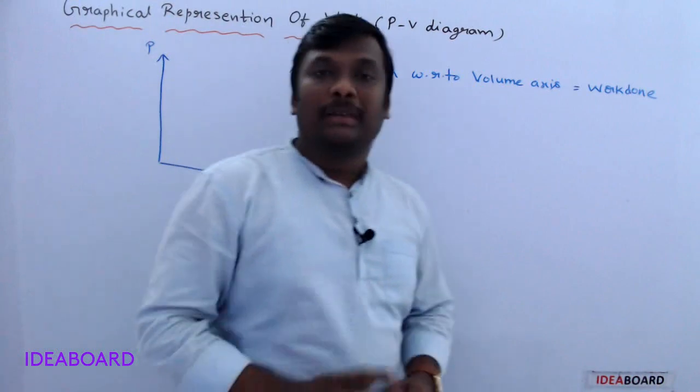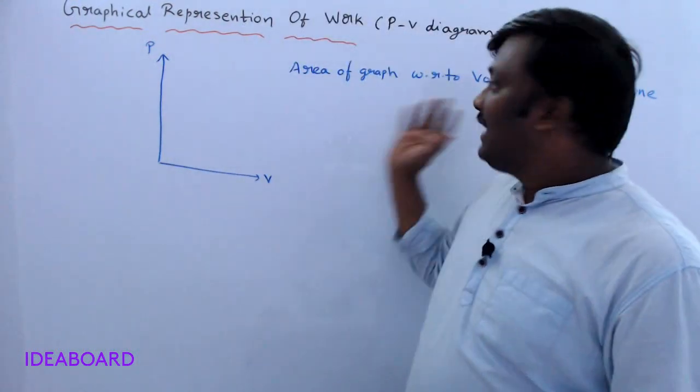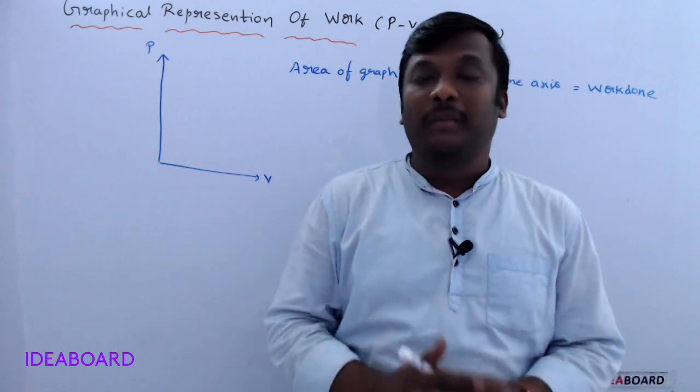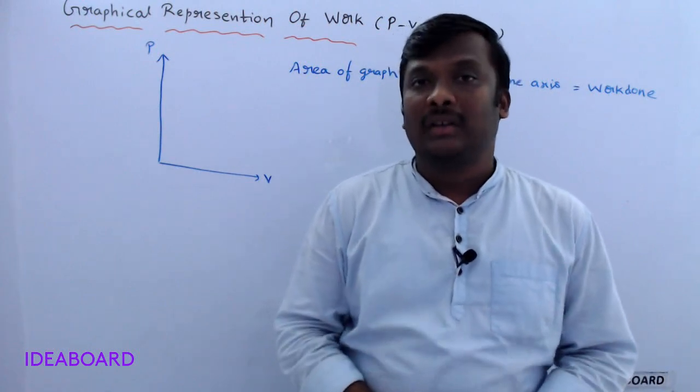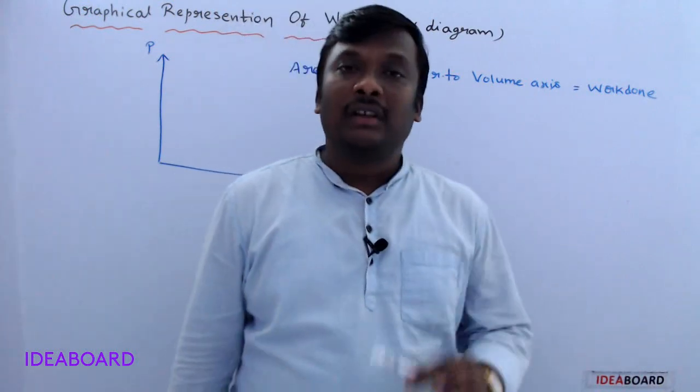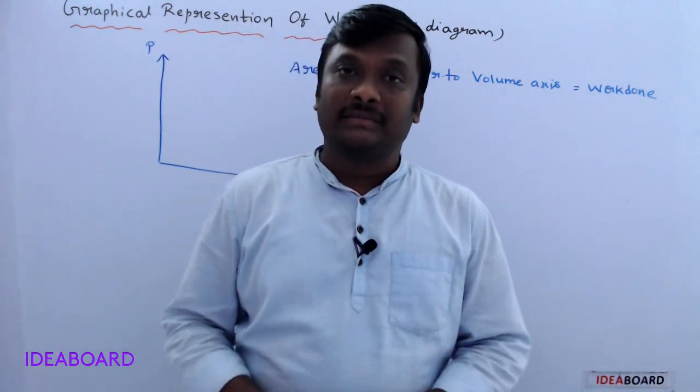Simply, if they ask for work and give one graph between pressure and volume, the answer is just to take the area of the graph with respect to the volume axis.